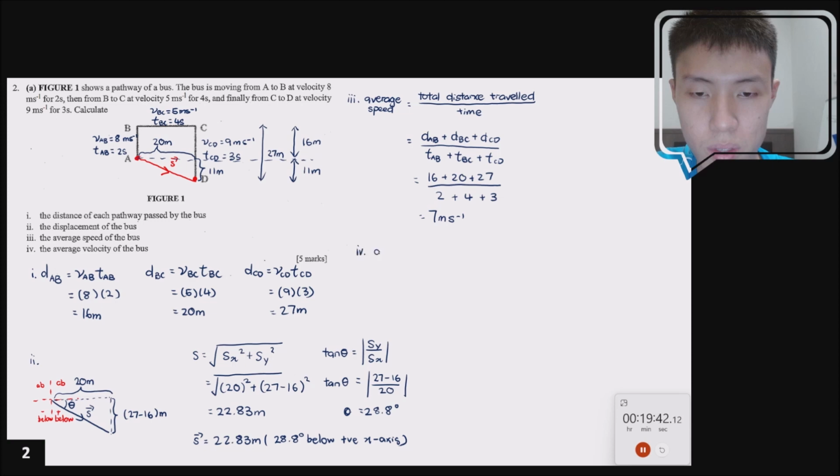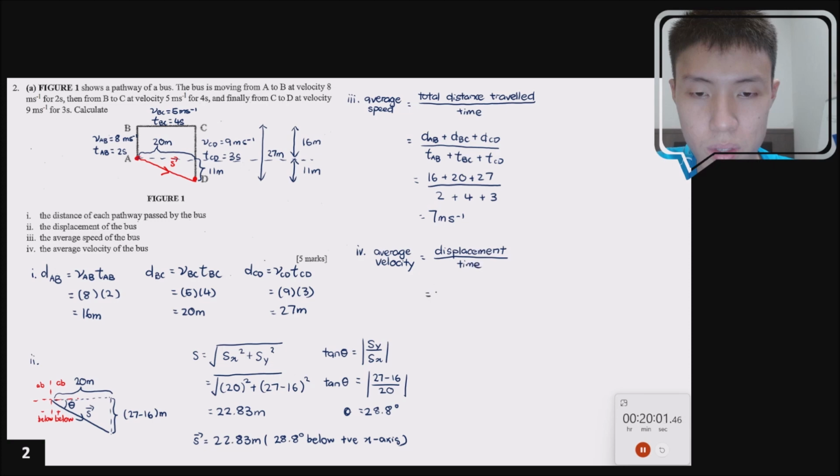Okay, so average velocity, it's not the same thing as average speed. If you talk about average velocity, we are talking about displacement over time. Displacement over time.